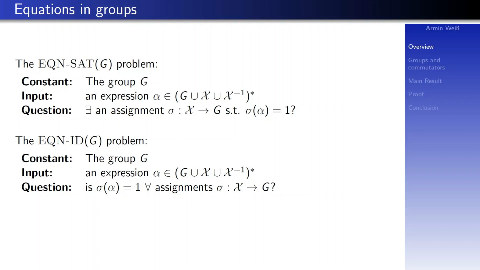As we have seen before, equations over the integers are just linear equations, so of course they are decidable. But there are also many infinite groups where these problems are not decidable. In this talk, I only focus on finite groups, and of course, here everything is decidable.